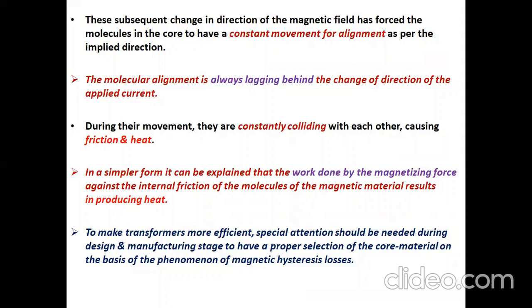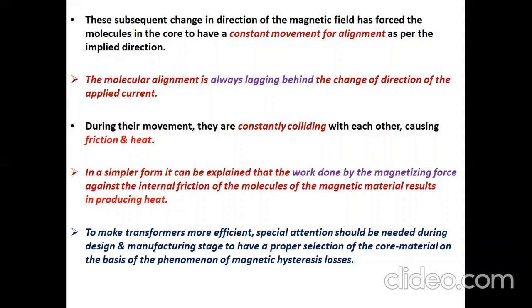In a simpler form, it can be explained that the work done by the magnetizing force against the internal friction of the molecules of the magnetic material results in producing heat.